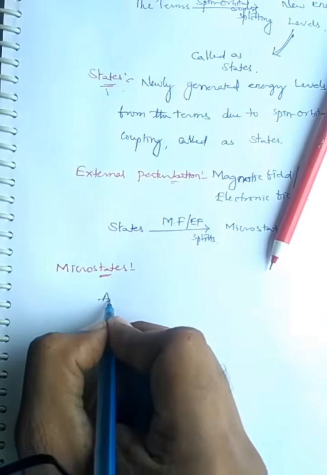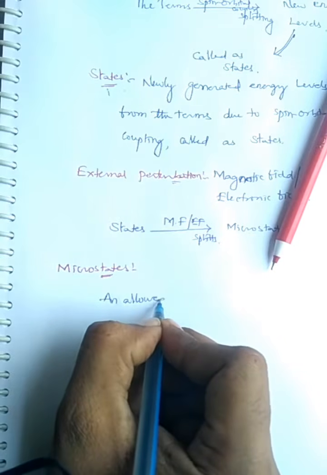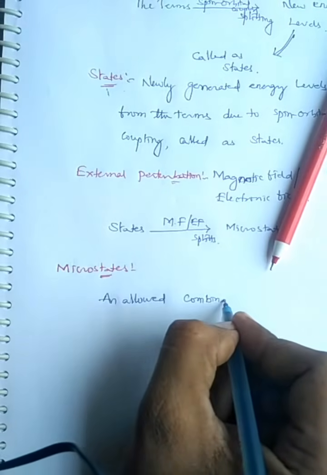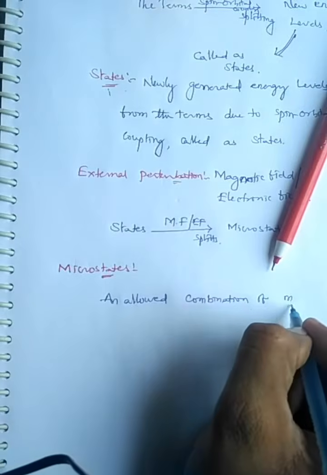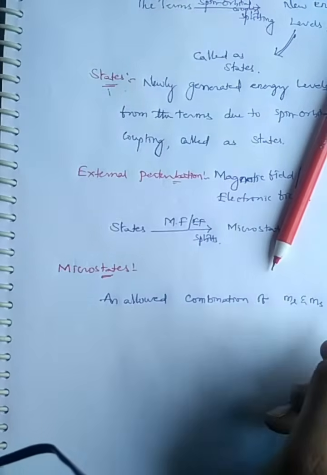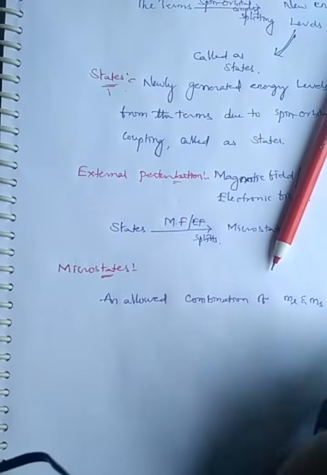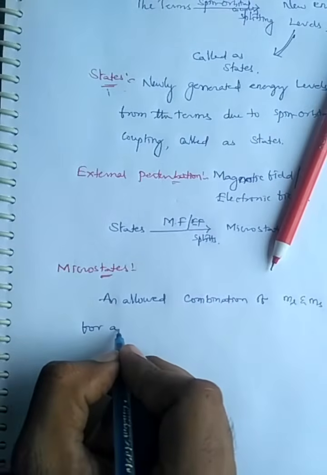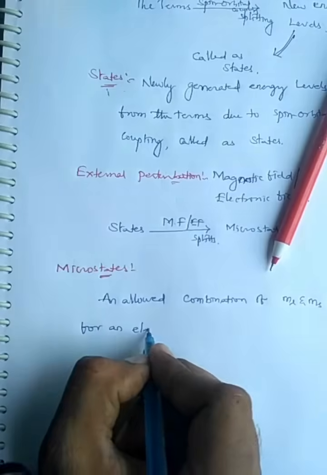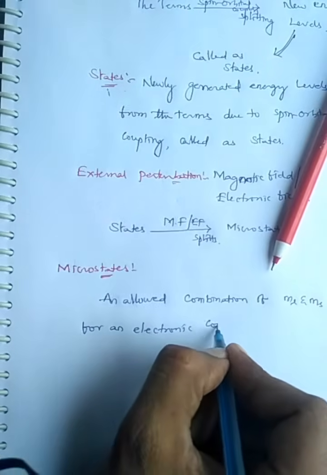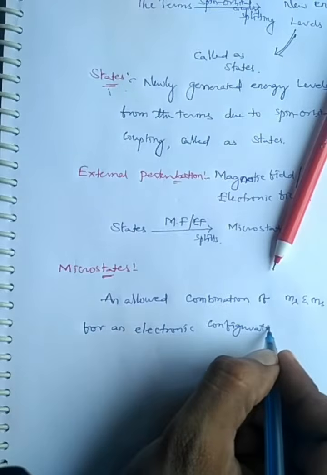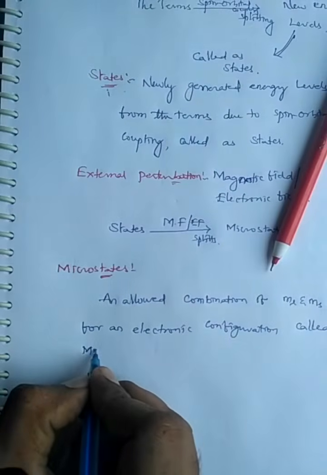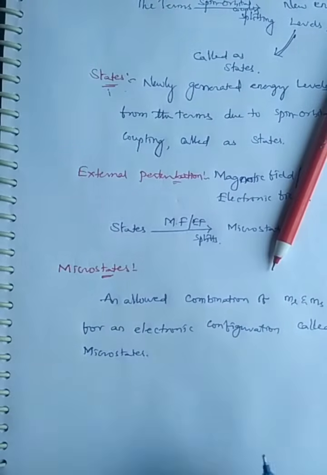The definition of microstates: an allowed combination of ML/MS values for an electronic configuration is called microstates, right?